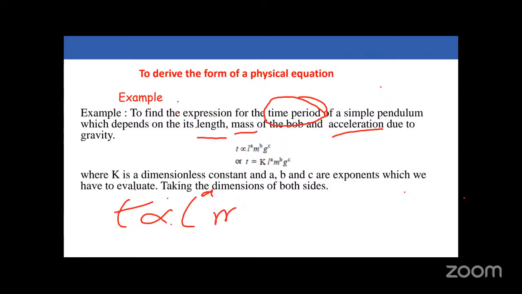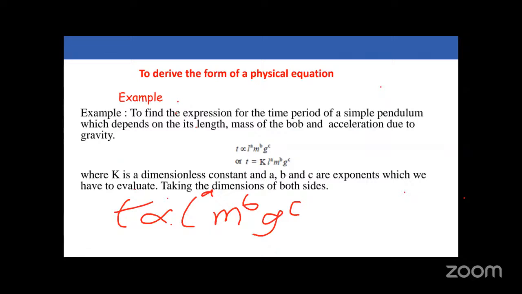Then M for mass of the bulb, raised to B, and acceleration due to gravity, raised to C. Now, remember that we don't know how they are related. We just want to derive an equation to show how they are truly related.